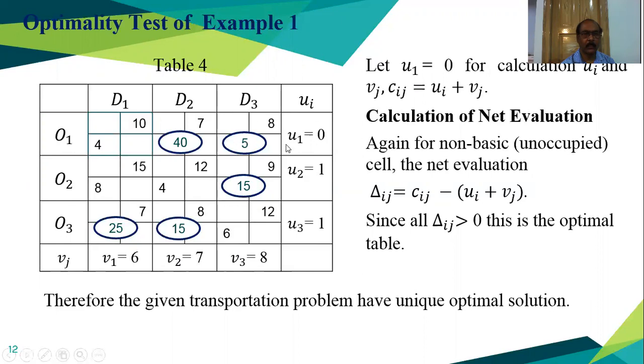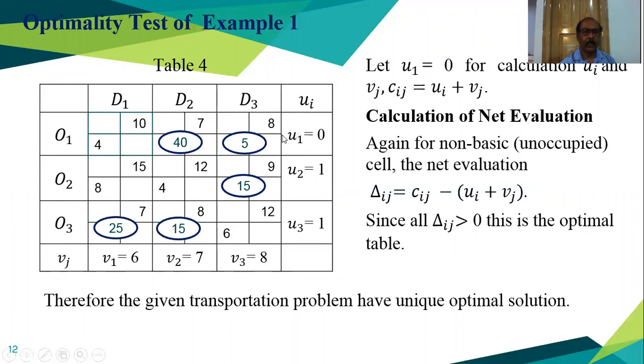But here we are considering U1 equal to 0. As soon as U1 is equal to 0, our formula is Cij equal to Ui plus Vj. So when we get the allocation, this is our consideration, U1 equal to 0. We can calculate this V3. V3 plus U1 equal to 8. U1 is 0, that means V3 is equal to 8.